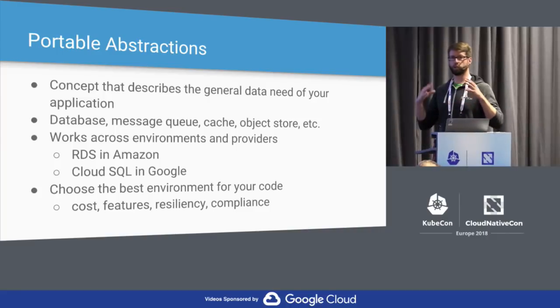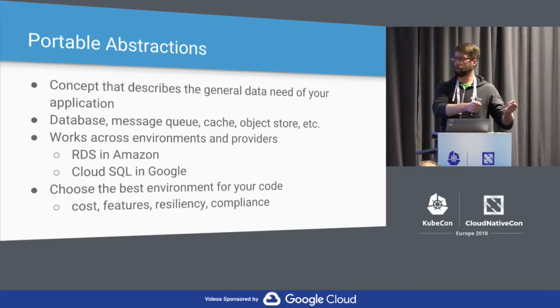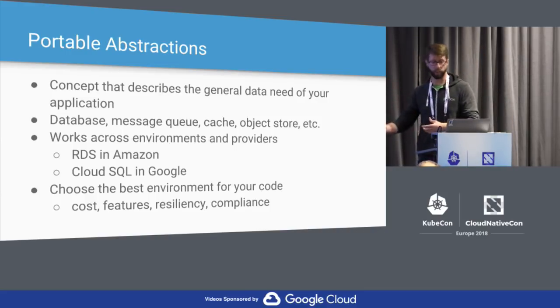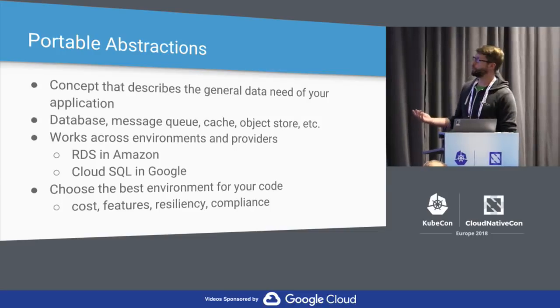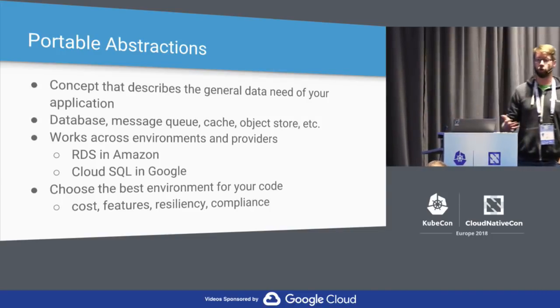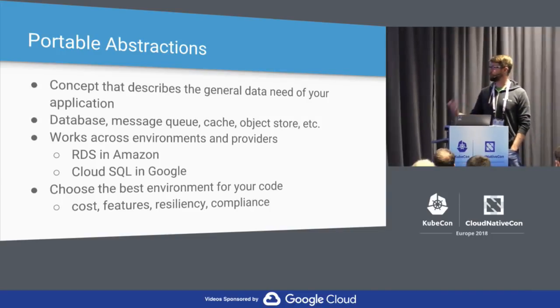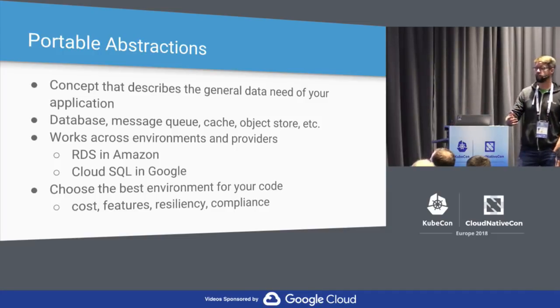If we have an abstract concept for a database, then when you go deploy your app inside Amazon, it can use RDS, and if you deploy your app within Google, then it will use Cloud SQL instead. So basically, this is making your app portable, and the advantage of that is that you get to choose the best environment for your code to run in. You can choose the best cost, or the features that you need, or resiliency, or even compliance.